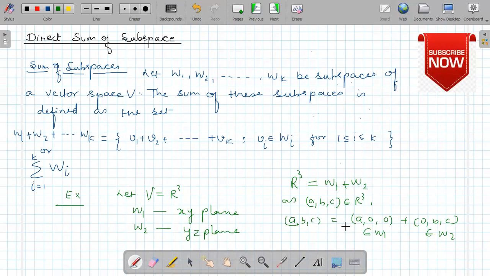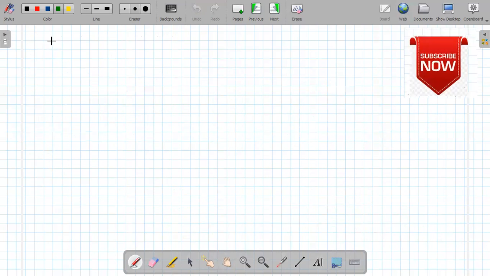But you might be thinking that I have written A00, I also can write this differently. We can also write ABC as AB0, which is a member of W1, because W1 denotes the XY plane. This vector is in the XY plane, and we can take 0, 0, C. This belongs to W2, which is the YZ plane.